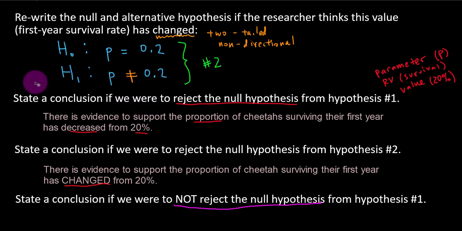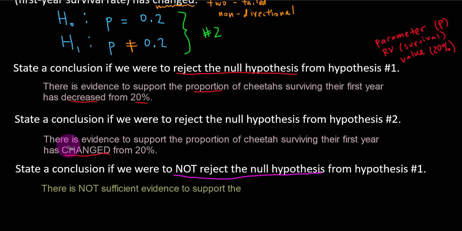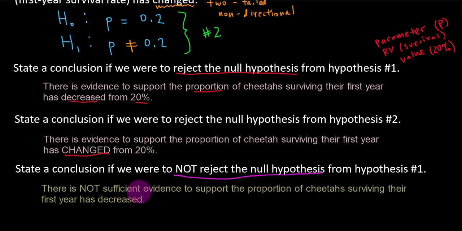So when we write that, I would say a lot of the similar wording that we wrote earlier, but this time I would state that there is not sufficient evidence to support that the proportion of surviving cheetahs has decreased.